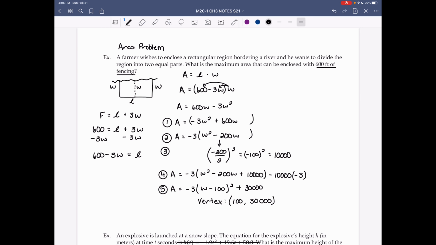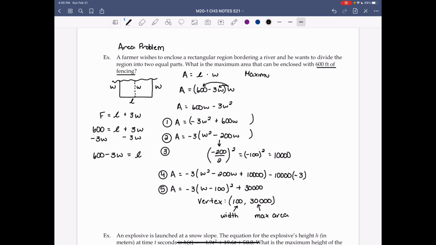Well, our variables were a and w, so this would be w, which is the width, and this would be the max area possible for this question. So when the width is 100 feet, we get an area of 30,000 feet, which is the maximum area we can create for this situation.